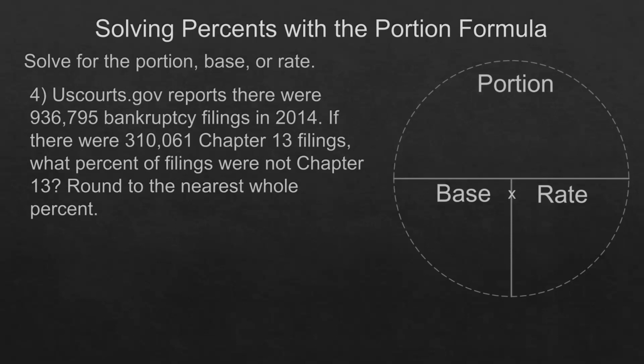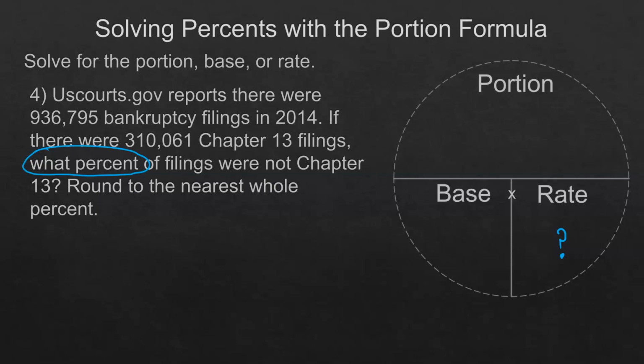Now, when you're working with a word problem, you often are going to need to read it a few times for it to make any sense, and then start picking out, okay, what is it that I'm looking for? Well, first of all, it says what percent, so right away we know we're looking for the rate, right?